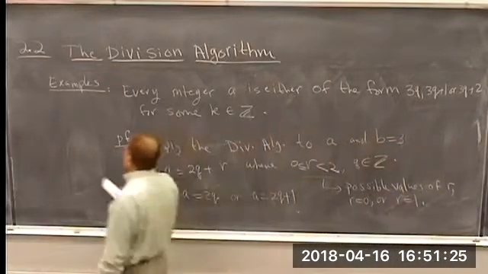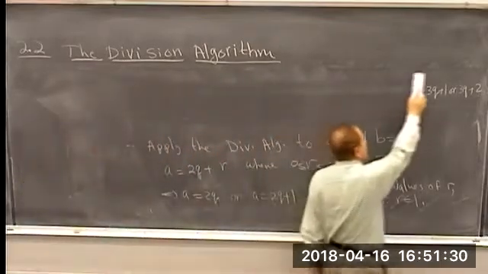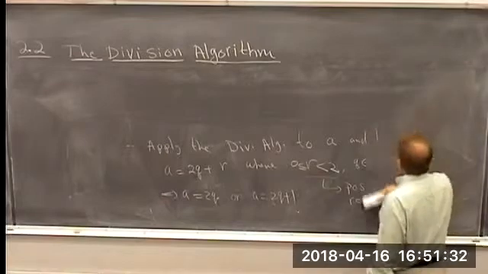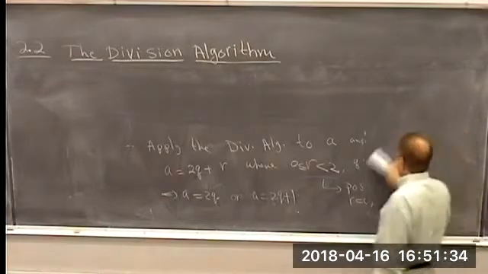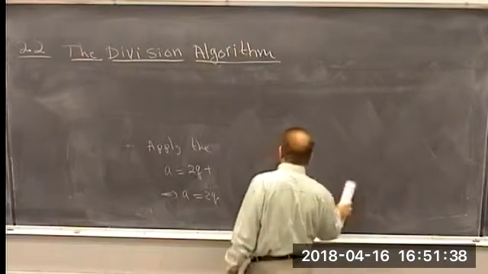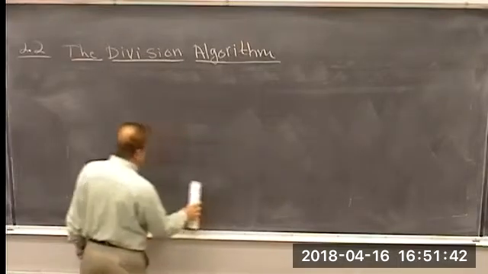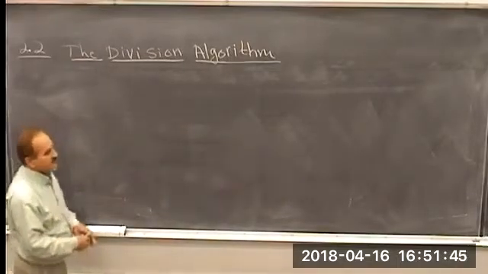All right, let's look at another example. Let's assume that we take squares of numbers, and we would like to look at the different forms a square has.